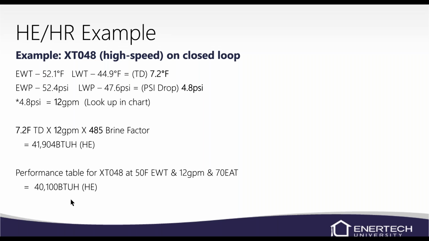So if we look on the performance table of the XT unit at 50 degree entering water, it's showing us that we should have a capacity of 40,100 BTUs. So as long as we're within 10% of what the manual says that we should be, then the unit's operating fine. Normally, we won't be higher than the unit. Sometimes, occasionally, we will.